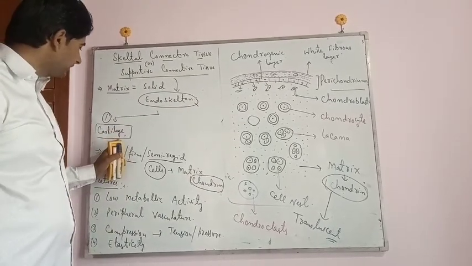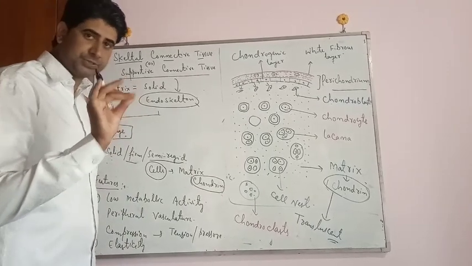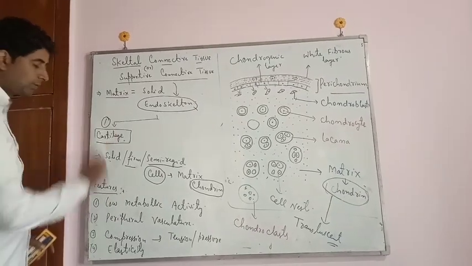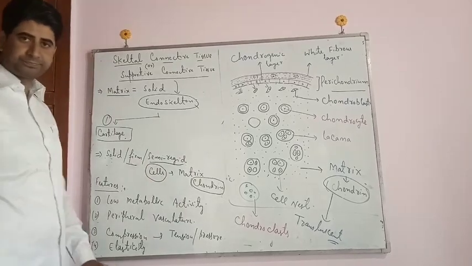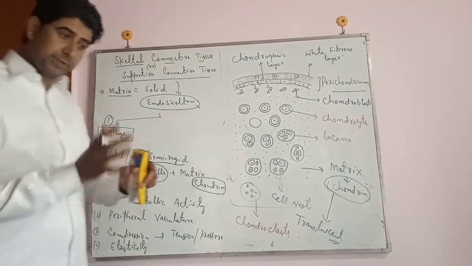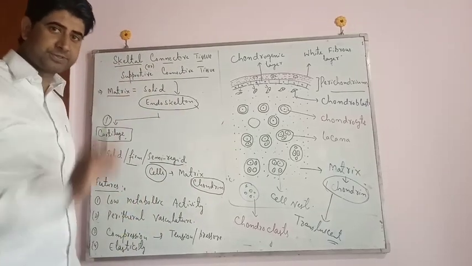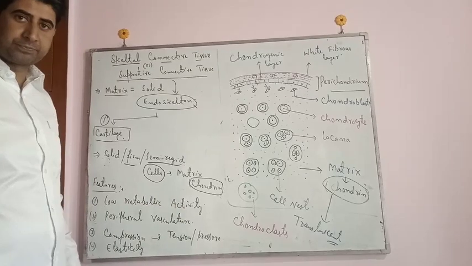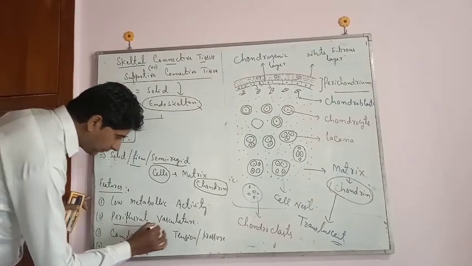And this cartilage, it shows some characteristic features. Number first feature of the cartilage is that it has low metabolic activity. It is not as active as the bone, as muscle cells or nerve cells. Number next feature is it possesses the peripheral vasculature.